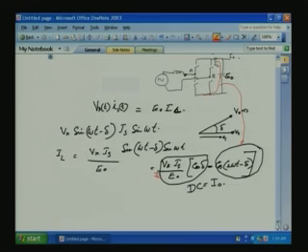So, sorry, there is a mistake here. I will correct that now. There has to be a 2 here. So, this current, this value into cos 2 omega t, will flow through this one.